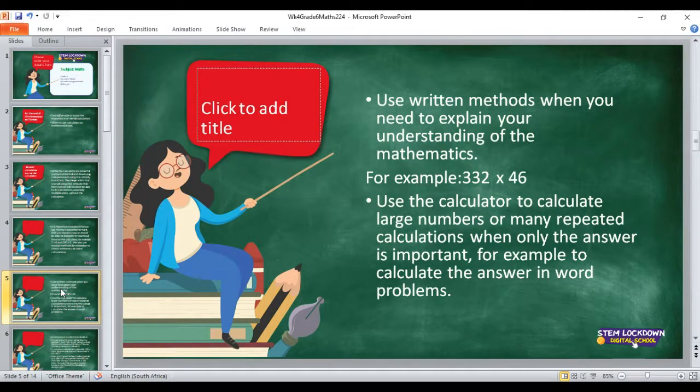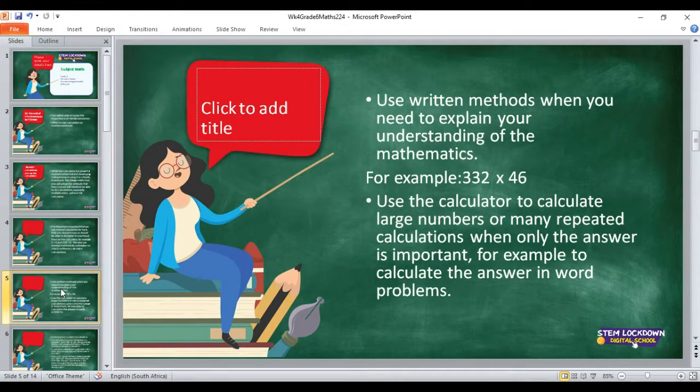After the 2, we say multiplied by 6: we open our brackets, 300 multiplied by 6, close the brackets, plus sign, and then 30 multiplied by 6, close the brackets, plus sign, and 2 multiplied by 6, close the brackets.